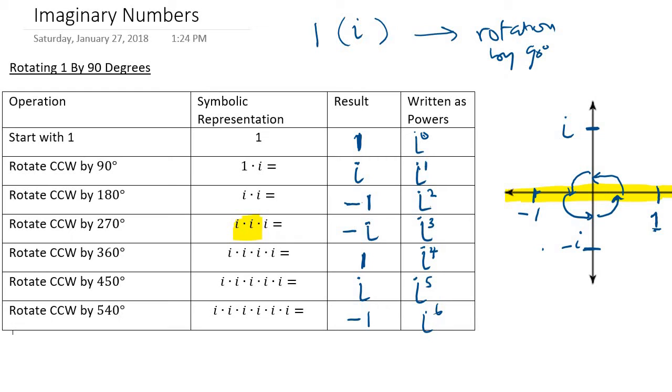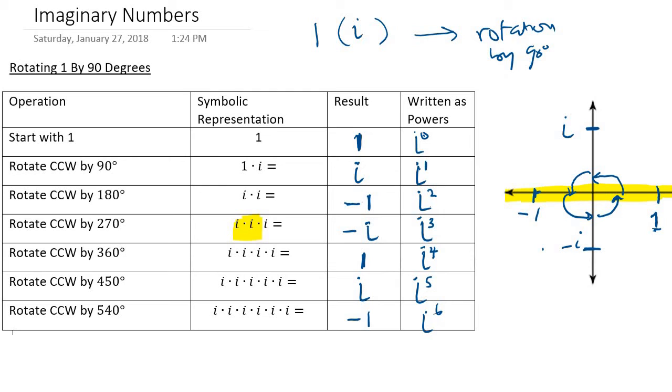So we can see the cyclical nature of this multiplication: we go around rotating the number 1 through i, -1, -i, and back to 1. The value cycles through 4 different values: 1, i, -1, and -i, and then back to 1.